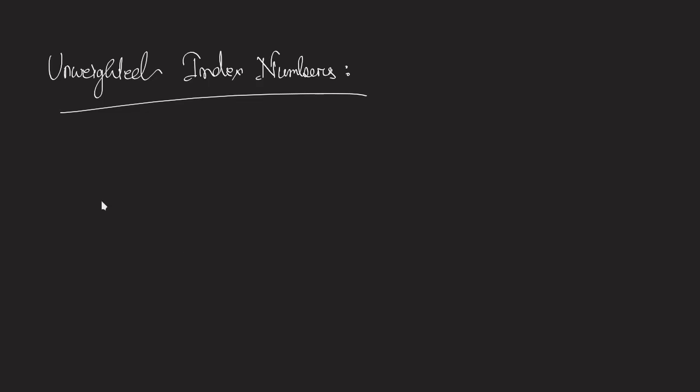Okay. So unweighted index number ৰ প্রথমটো হল simple aggregative method. Right?